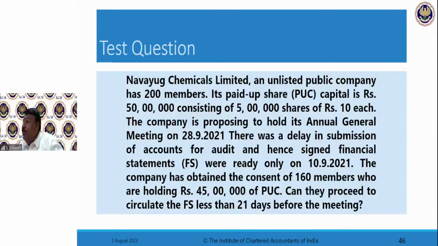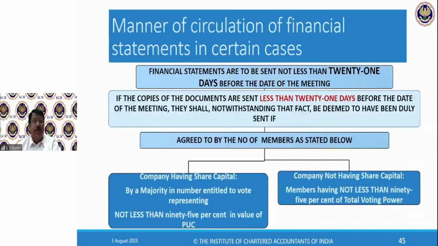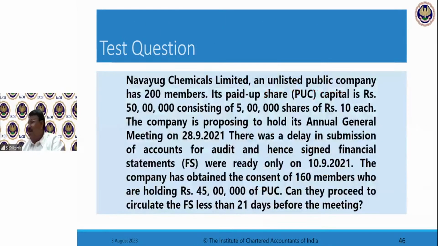Here I am giving the example. What is majority in number? Out of 200 members, 100. Whereas they have got 160 members. Okay. Out of 50, how much? 95.